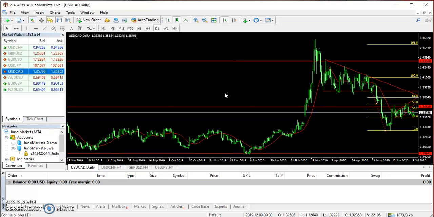Inside the impulse we have the correctional waves, the 2 and 4. On the left side is your motive wave, and on the right side is your correctional wave, and in that correctional wave the A is your impulse, your B is your correction, and your C is your impulse. So in other words, in a big wave there are small waves.